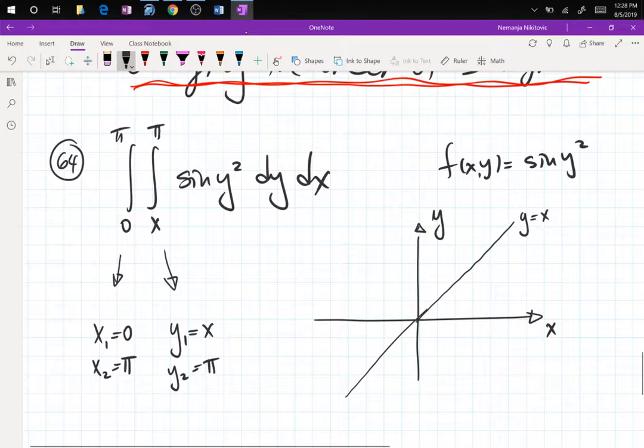And now I can choose pi, let's say 3 squares is a pi. So I have y equals pi, I have y equals x, I have x equals 0, and x equals pi. So we are talking about this triangle here.